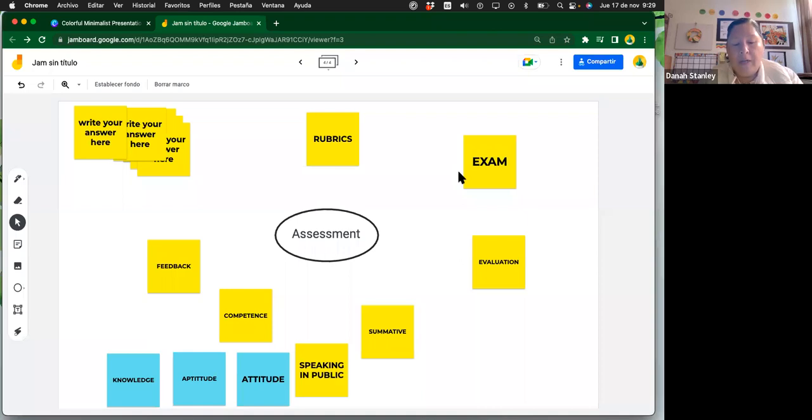For example, in English, where at the end of the module, you have an exam, no? You include at the end of this module, you have a written exam. What you can do is to use those chunks or several chunks of that exam at the end of each lesson.